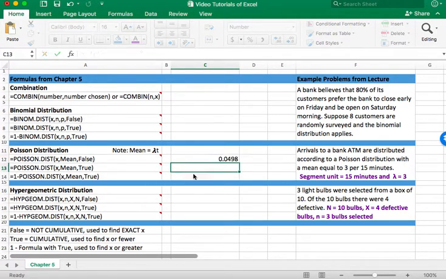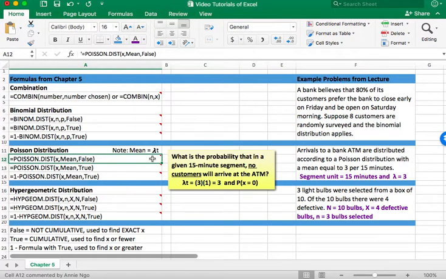Go ahead and hit enter, and that will give us the probability that 0 customers arrived at the ATM in a 15-minute segment. Now, if the problem were different and it asked for exactly 1 customer arriving at the ATM, we would simply plug in 1 for x. If they asked for exactly 3, we would type in 3 for x.